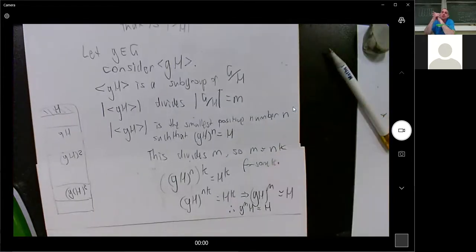So I'm switching my perspective from G to G factor H, and the elements of G factor H are cosets.